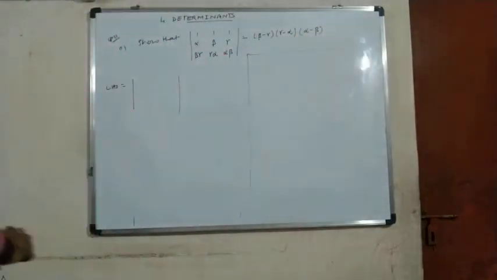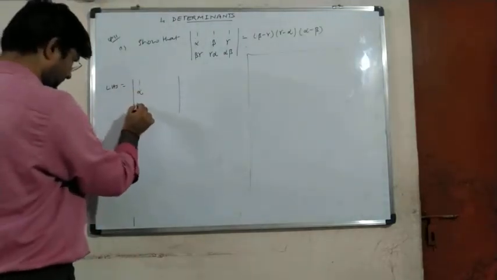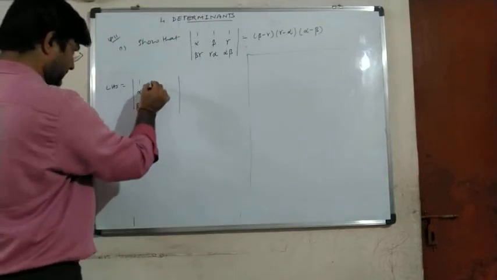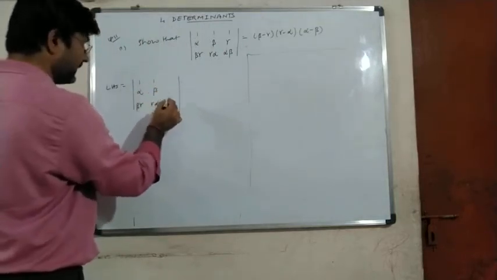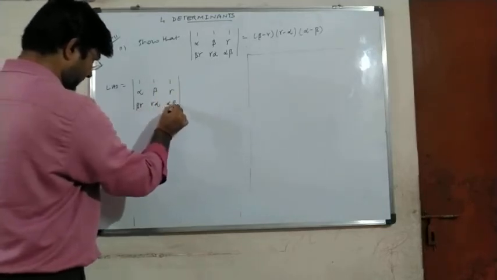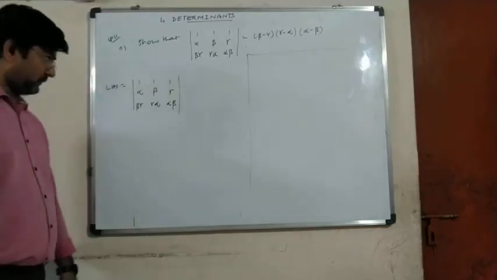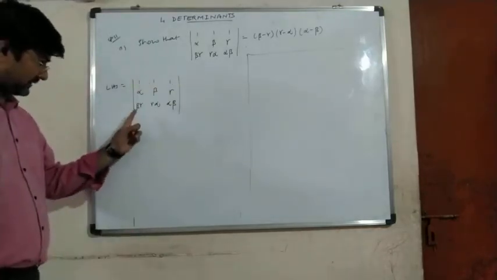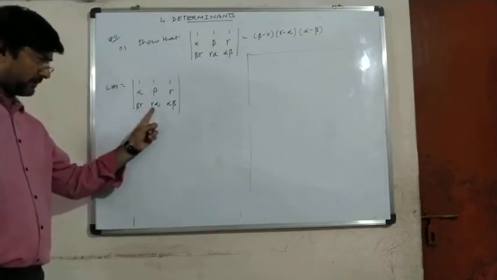Let us take the left hand side. 1 alpha beta gamma, 1 beta gamma alpha, and 1 gamma alpha beta. Okay, before we subtract 1 1 1, look at this third row. Here beta gamma, gamma alpha, alpha beta.